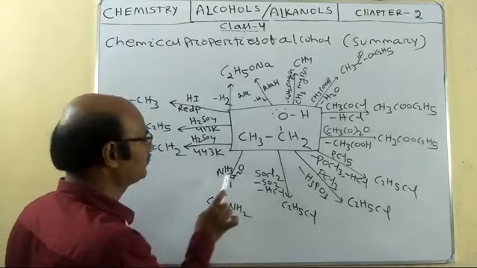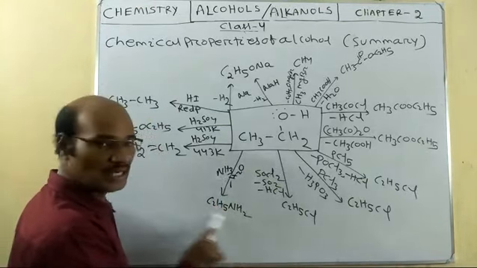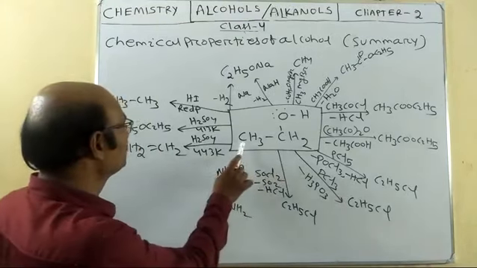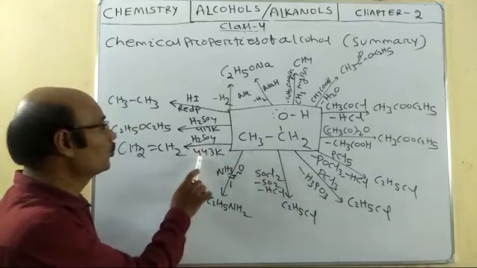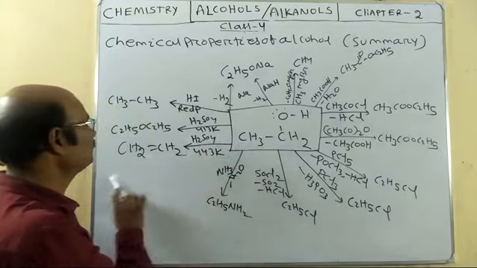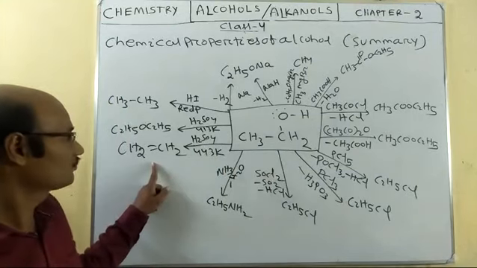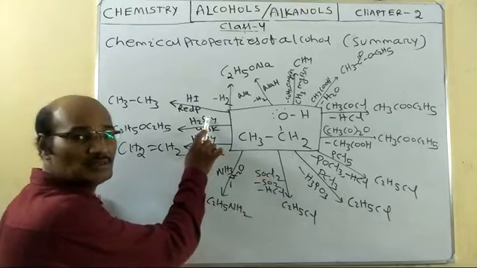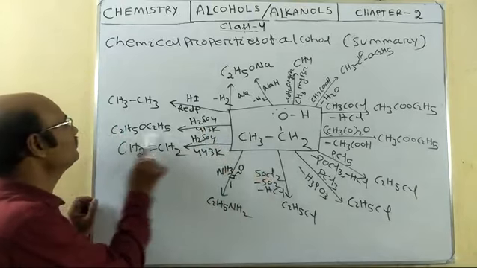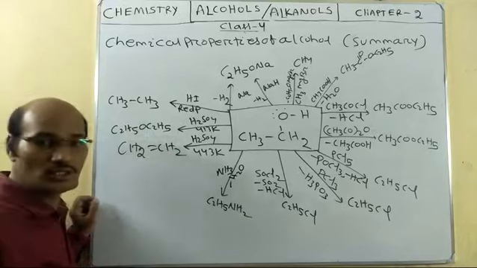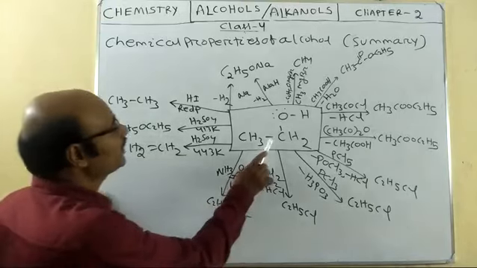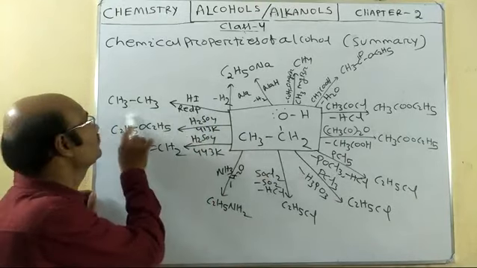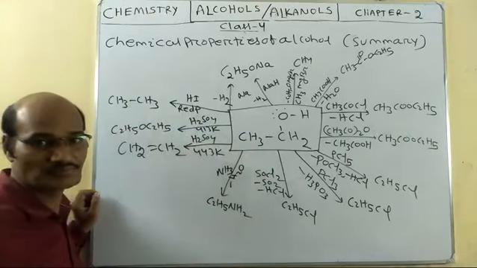With ammonia, it gives ethylamine with water as byproduct. With sulfuric acid at 443 Kelvin, it gives ethene. With sulfuric acid at 430 Kelvin, it gives diethyl ether, or ethoxyethane. With HI and red phosphorus, it gives ethane.